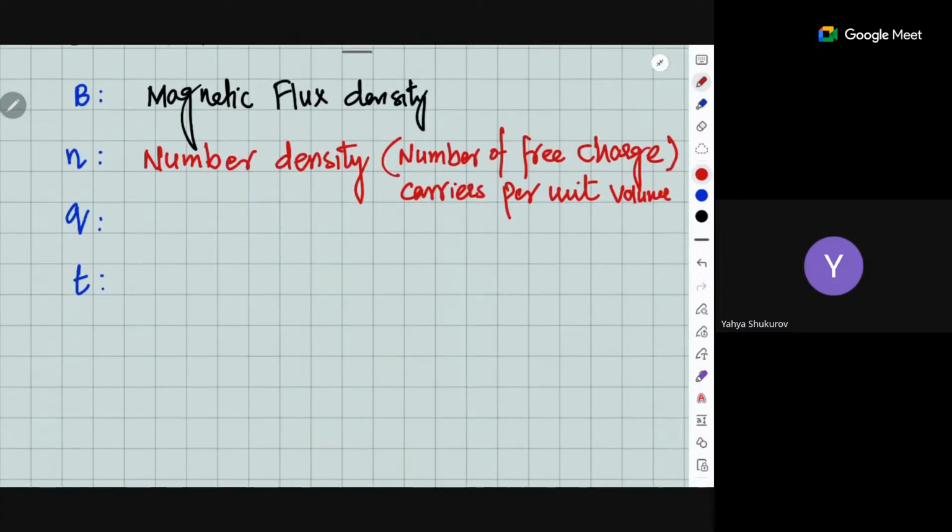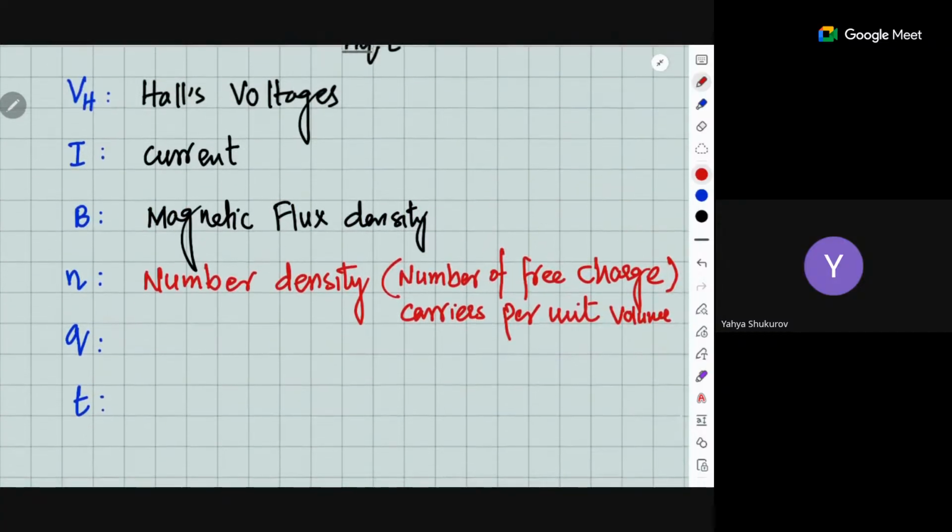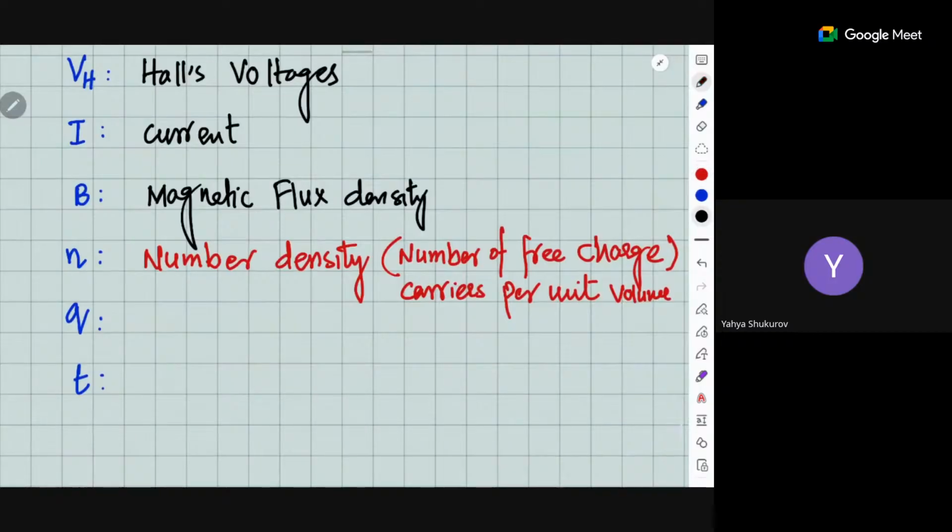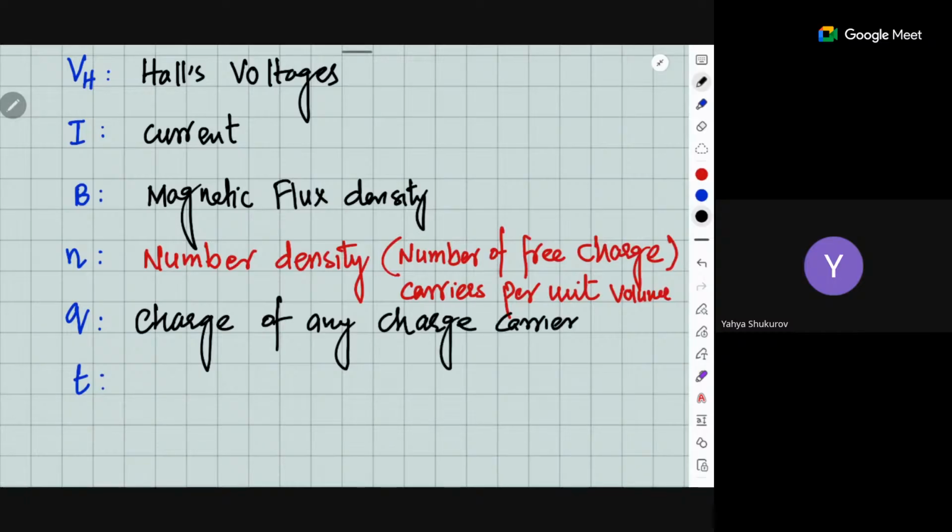Then Q is the charge of any charge carrier. And T is the thickness of the slice, which I mentioned above.